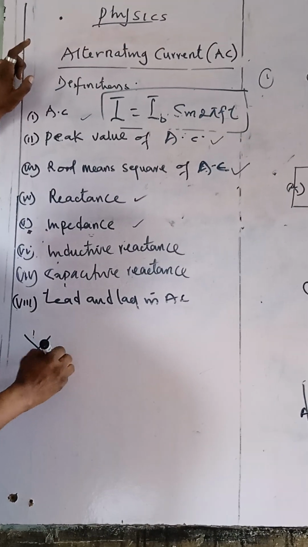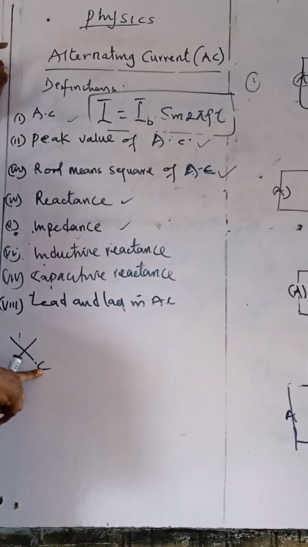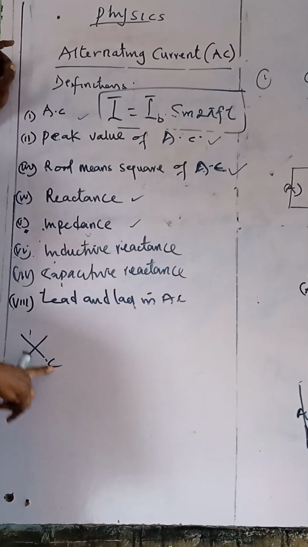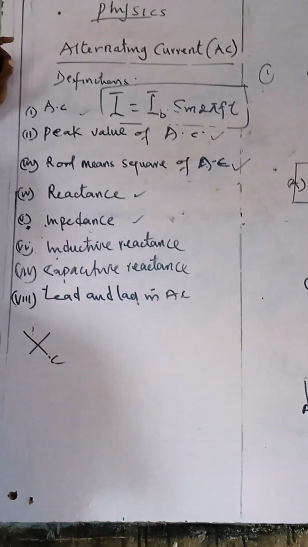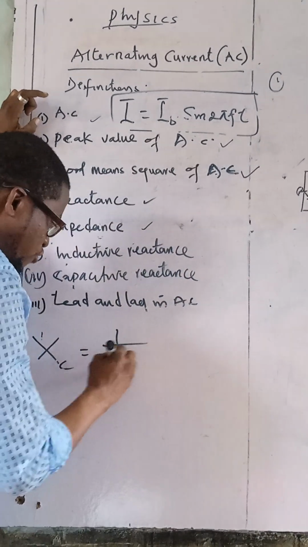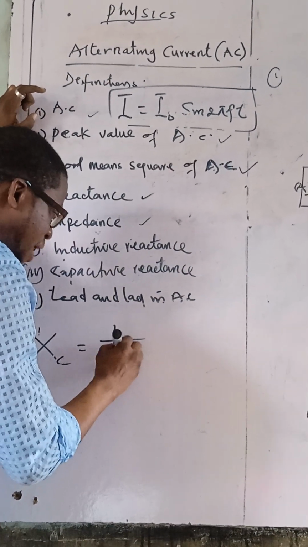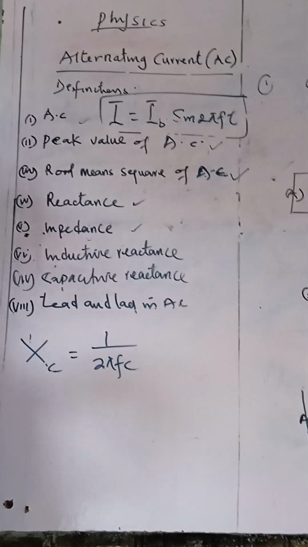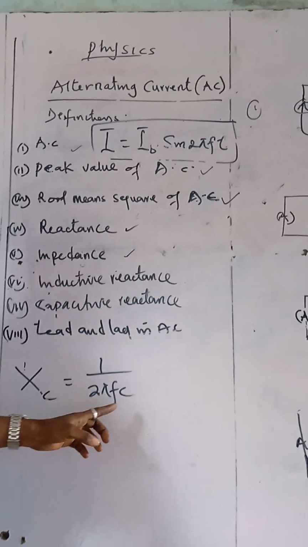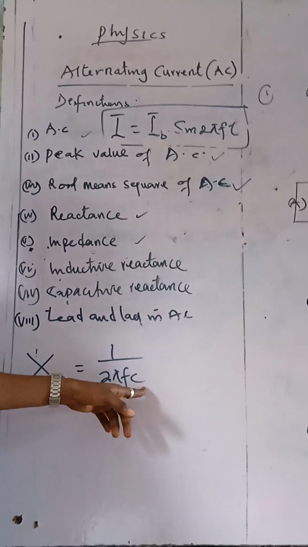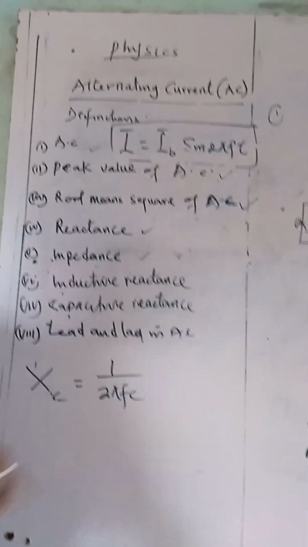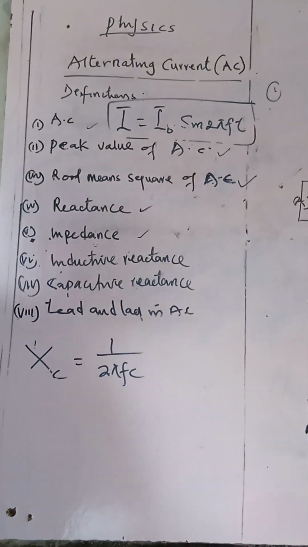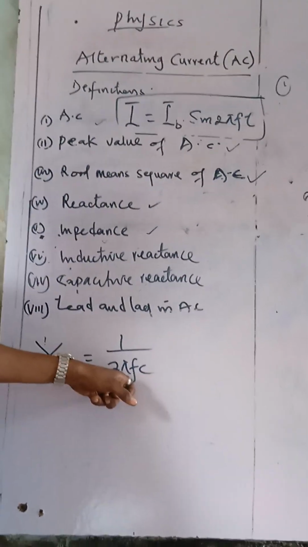So mathematically, this is capacitive reactance. This is the symbol for capacitive reactance, Xc, equals 1 over 2 pi Fc. So this is pi, this is frequency, and this is capacitance.